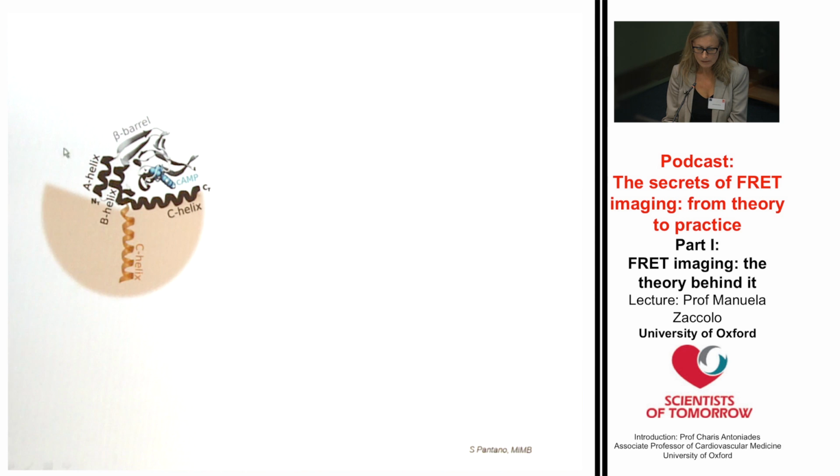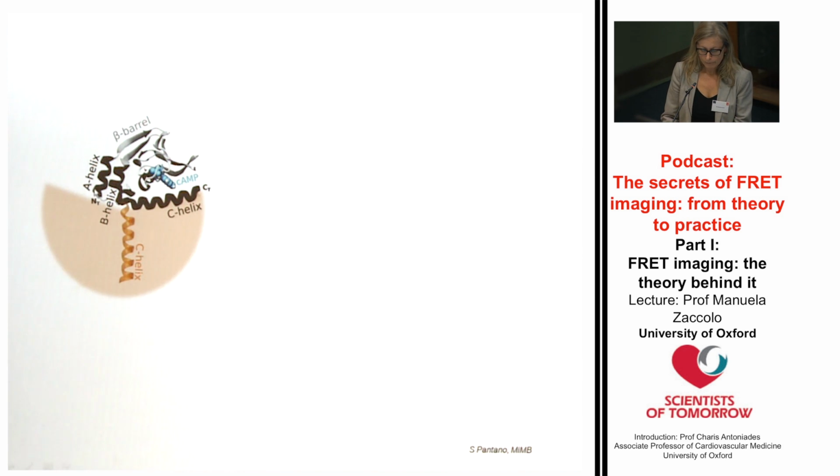So if we go back for a moment to the cyclic AMP binding domain here, you see here the C helix, which is the helix that moves away from the cyclic AMP binding pocket in the absence of cyclic AMP. How far this helix can move is not really known, because there is no experimental structure of cyclic AMP binding domains in the absence of cyclic AMP.